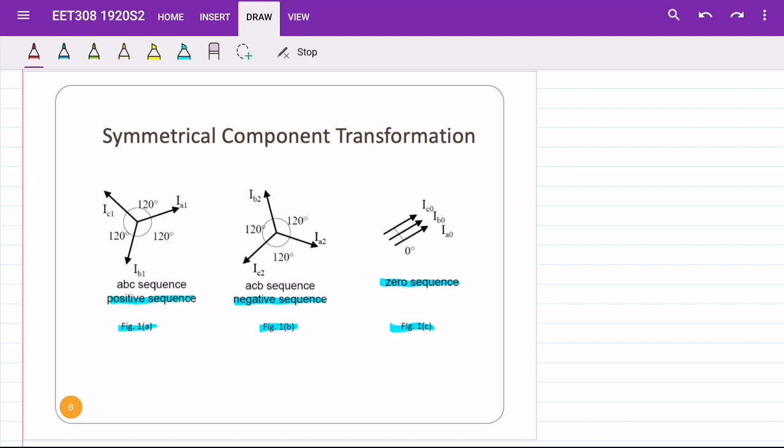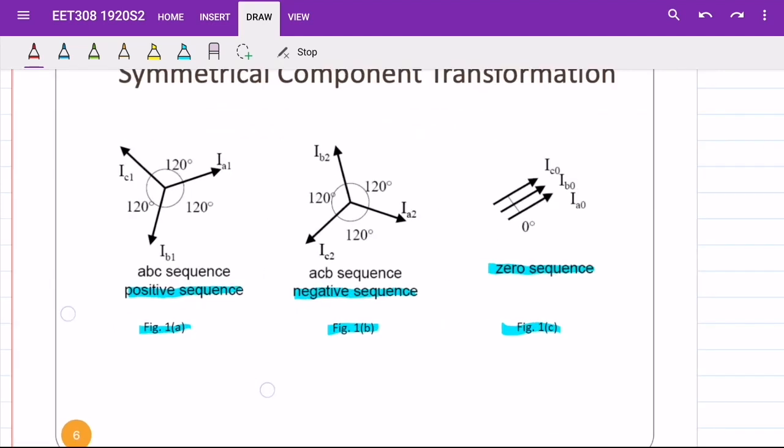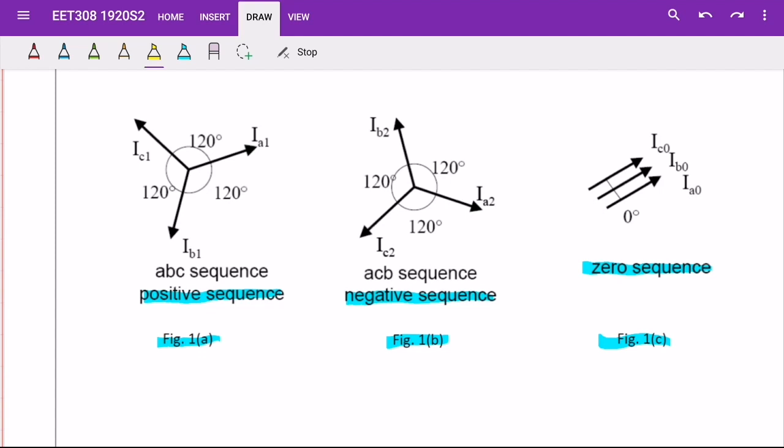For example, positive sequence has IA1, IB1, and IC1. I stands for current, A stands for type of phase, and numbering shows the type of sequence. So 1 represents the positive sequence, 2 represents negative sequence, and 0 represents zero sequence.